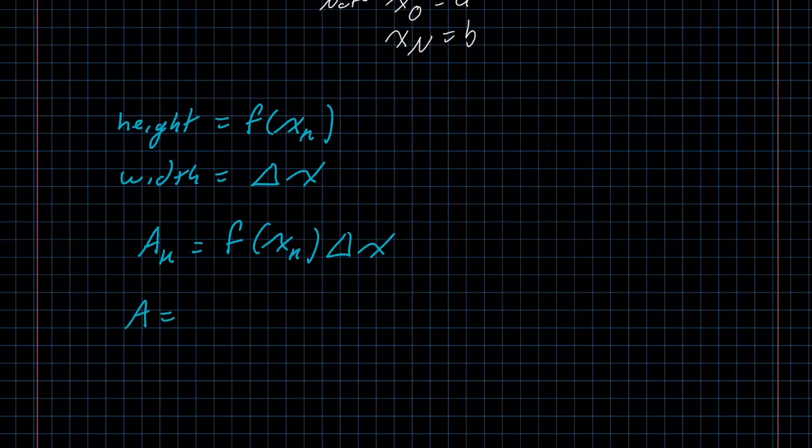And the total area is the sum, k goes from 1 to n of f of xk delta x.